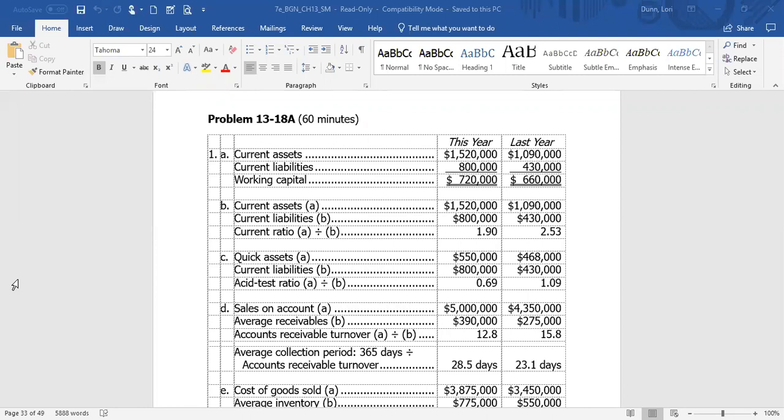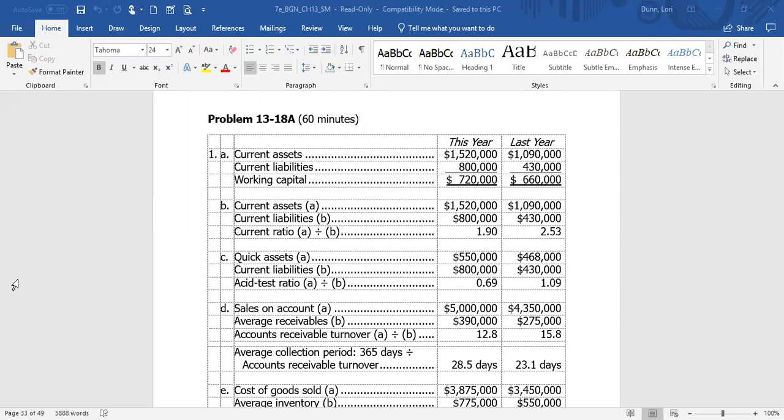Now, what does this tell us? Well, you could look at it this way. For every dollar the company owes in current liabilities in the coming year, they have $1.90 of current assets to pay them. Last year, they had $2.53 in current assets to pay $1 in current liabilities.